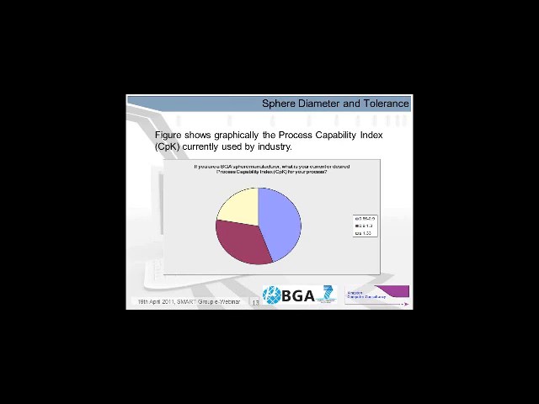But there was still a significant group of micro BGA consumers who needed a much higher degree of consistency in the solder balls that they were consuming.